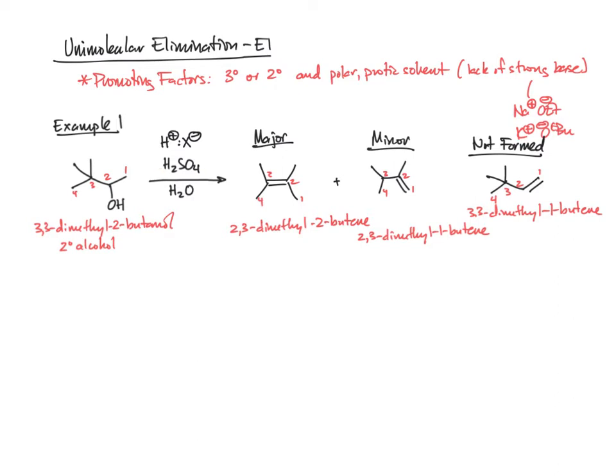So if this is an acid, this has to be the base. And of this entire structure, the electrons on the oxygen are the basic portion. So we're going to do an acid-base reaction. Our arrow is going to start at the lone pair, and we're going to protonate that oxygen. So we're setting up an equilibrium here.